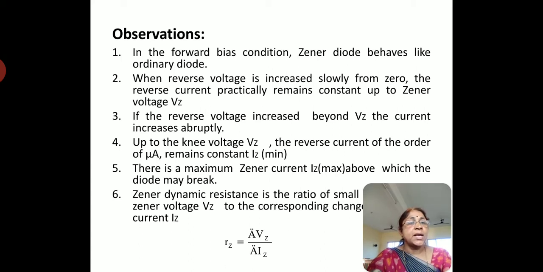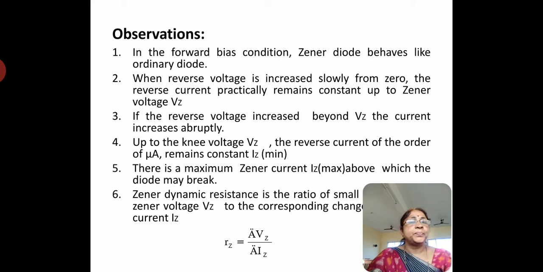The initial current is Iz minimum, and the certain current above which the diode may break is known as Iz maximum. Up to the knee voltage Vz, the reverse current of the order of microamps remains constant. That is known as Iz minimum. And there is a maximum Zener current, Iz maximum, above which the diode may break.